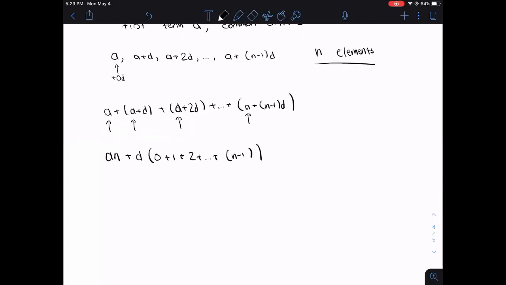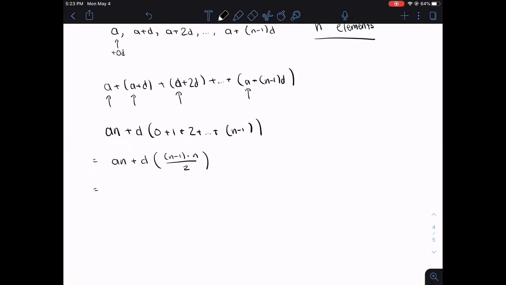So this value, from using our previous formula, is n minus 1 times n over 2. And let's simplify this now, because this doesn't look very nice. The next step is to factor n out.